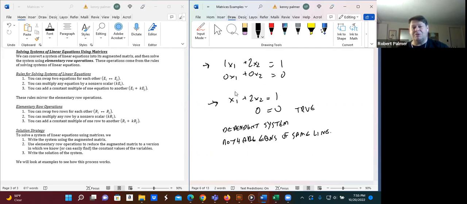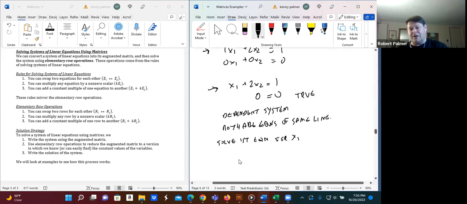What I'm going to do then is solve this first equation for x1, rather. If I do that, I subtract 2x2 from both sides. That gives me x1 is equal to 1 minus 2x2.